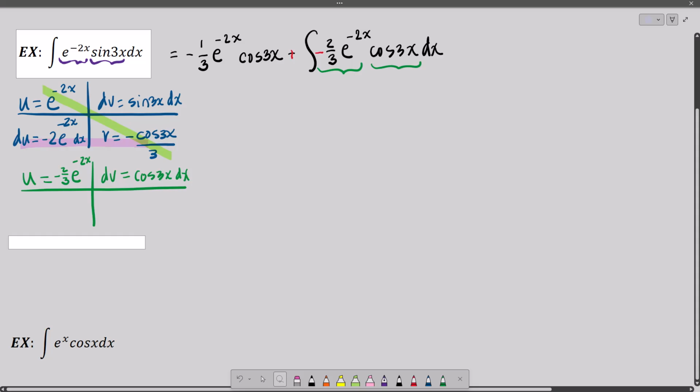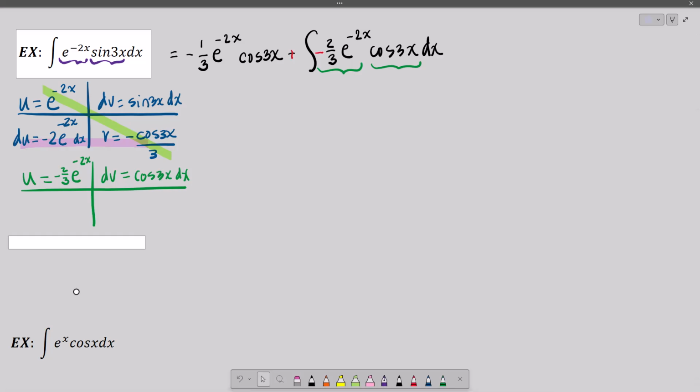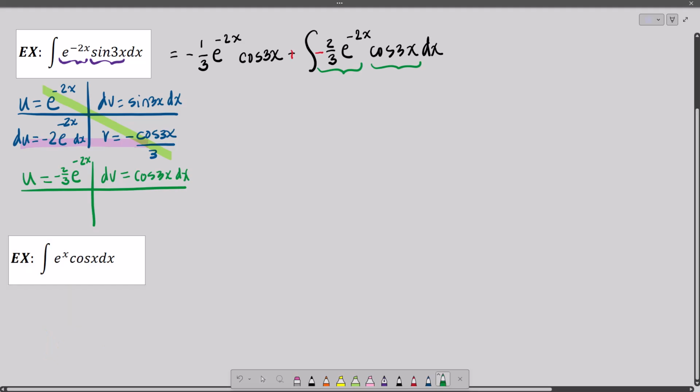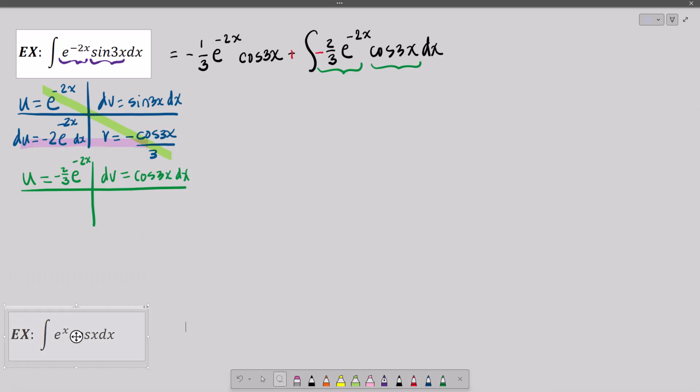Okay, now we have to differentiate. So the derivative of the exponential part, we're going to get du. We have to rewrite the exponential, but then we have to use the chain rule and multiply by the derivative of the exponent. We have to multiply by a negative 2.